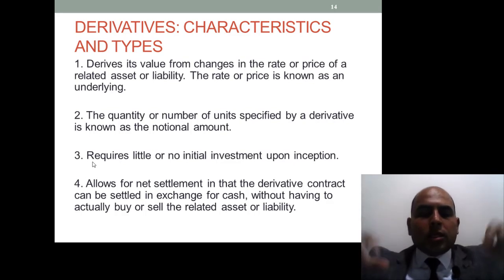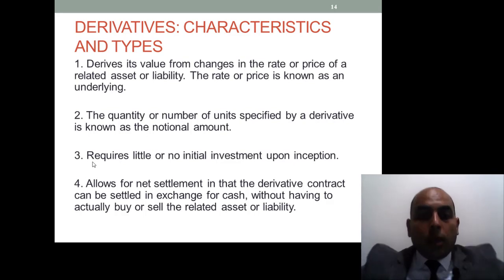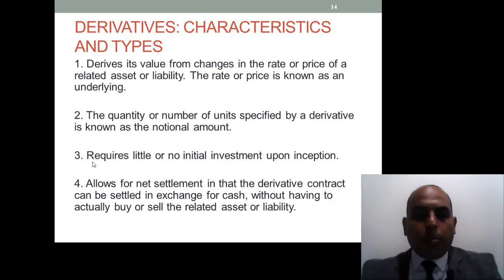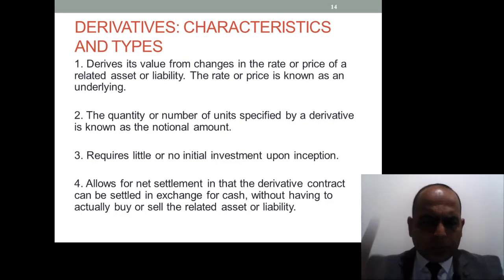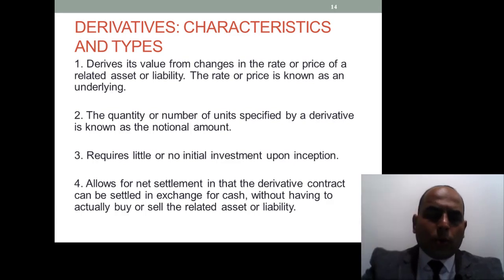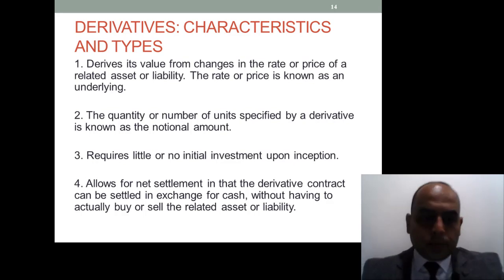So it's not necessary to pay the cost of the $1 million that you intend to buy after 3 months. Only if you, for example, sign an option to buy this amount, you have to pay the cost of the option itself. Or if you have a future contract or forward contract, it's not necessary to pay the whole amount. You only have to pay something like a guarantee to execute the contract on the execution date.